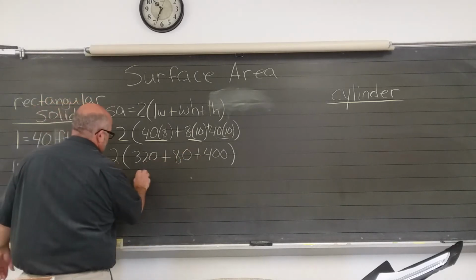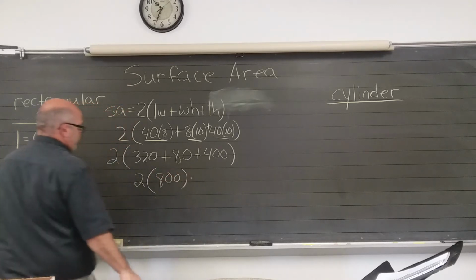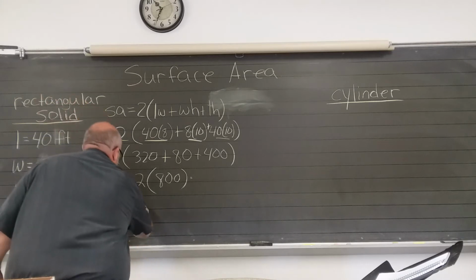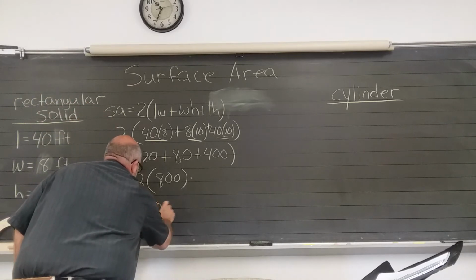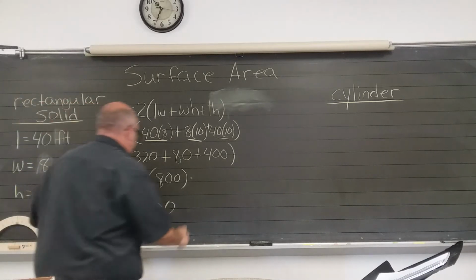So we have 2 times 800, which is 1600. And remember how many, that's what? Feet.